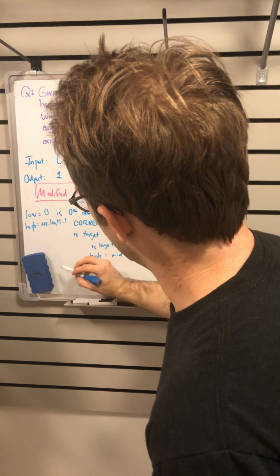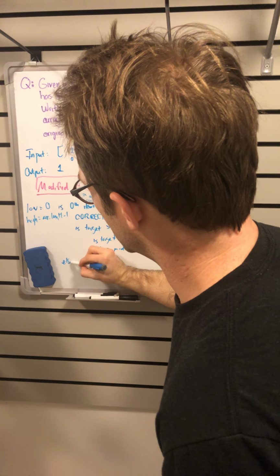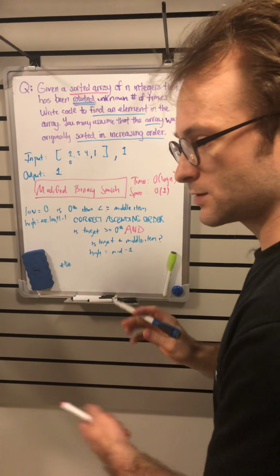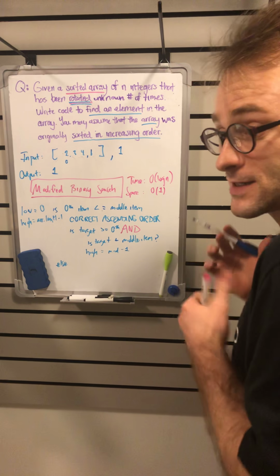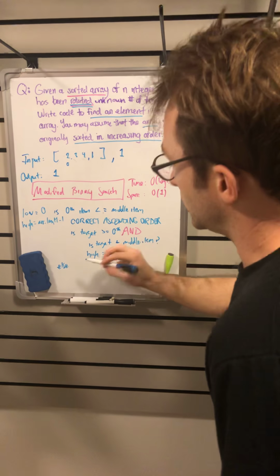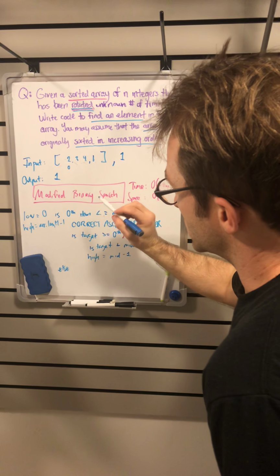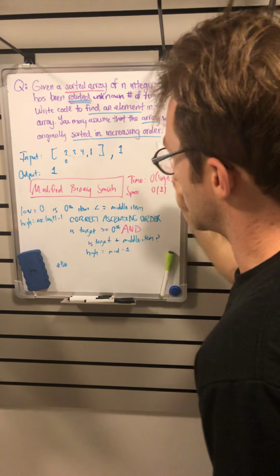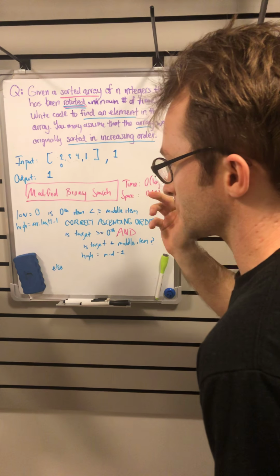That means stuff has been shifted around and maybe the biggest number is now at the front or something. Well, let's see. If the 0th item is greater than the middle item, then we ask different questions.